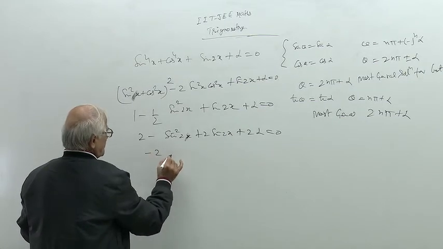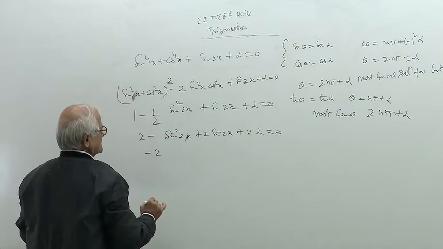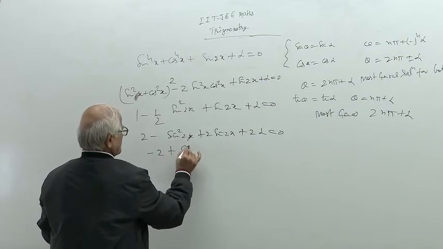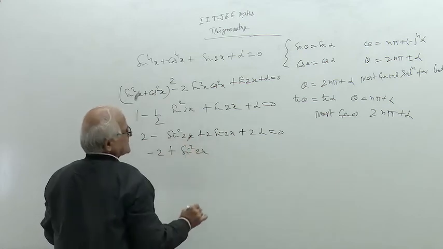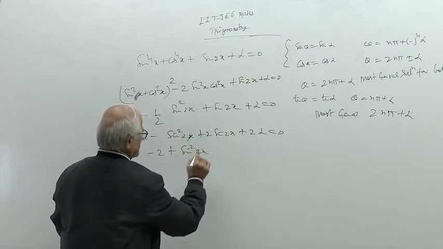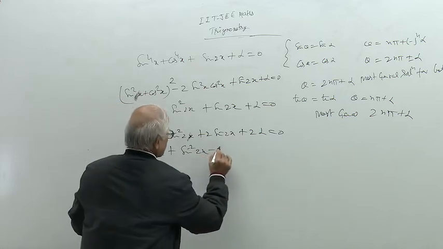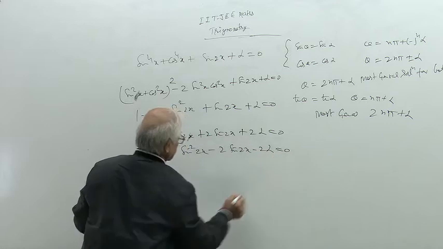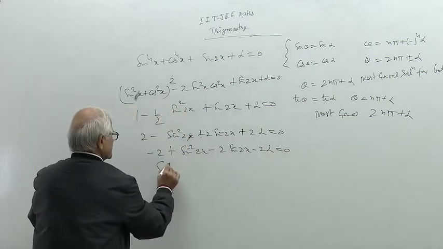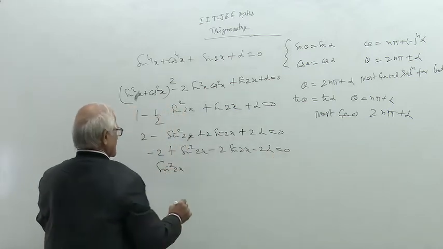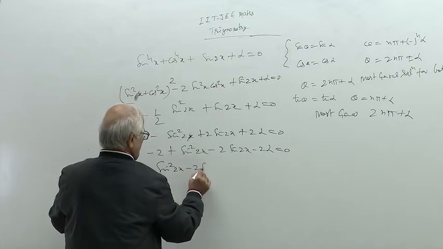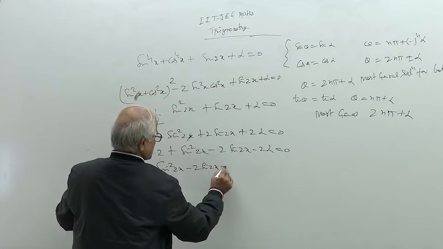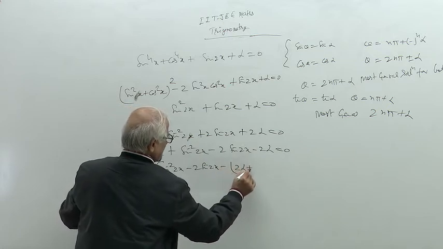Now this is 2, this is 2 minus 2, and here is plus sin square 2x. Now sign will change. We have this. Now minus 2 sin 2x, there is minus 2 alpha and plus 2.